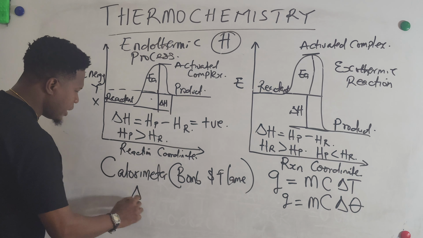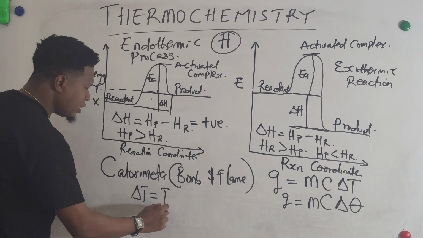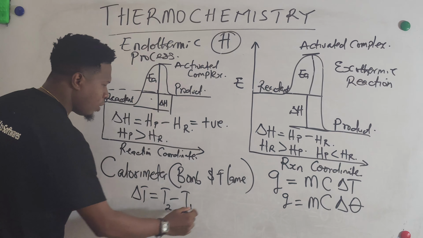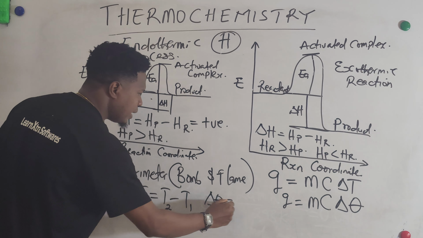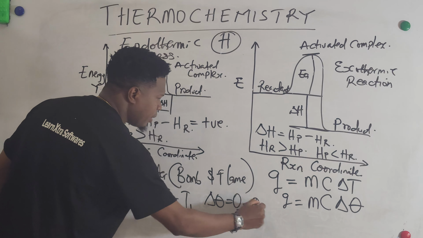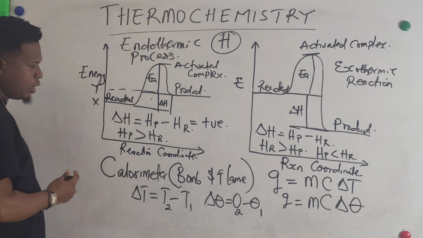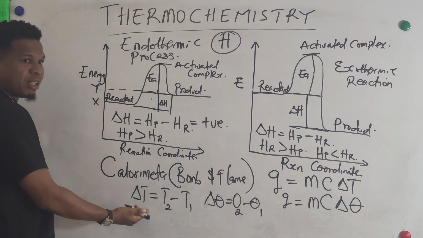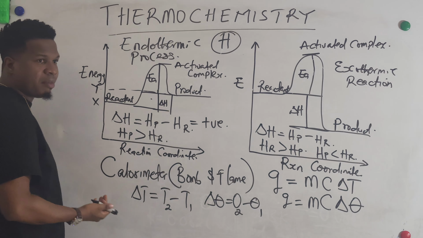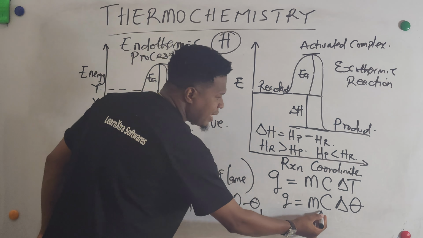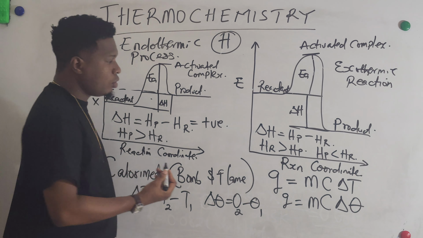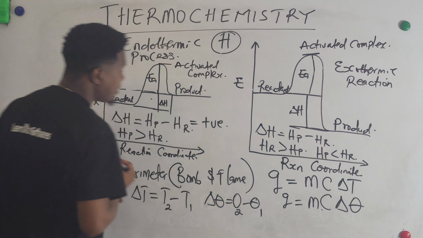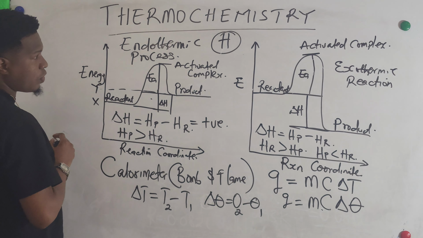Take note, this change in T is also T2 minus T1, or change in theta is equal to theta 2 minus theta 1. So if you know the temperature before and after the reaction, you can do the measurement. Now this M represents the mass of the substance you are trying to measure the heat of. This M stands for the mass.